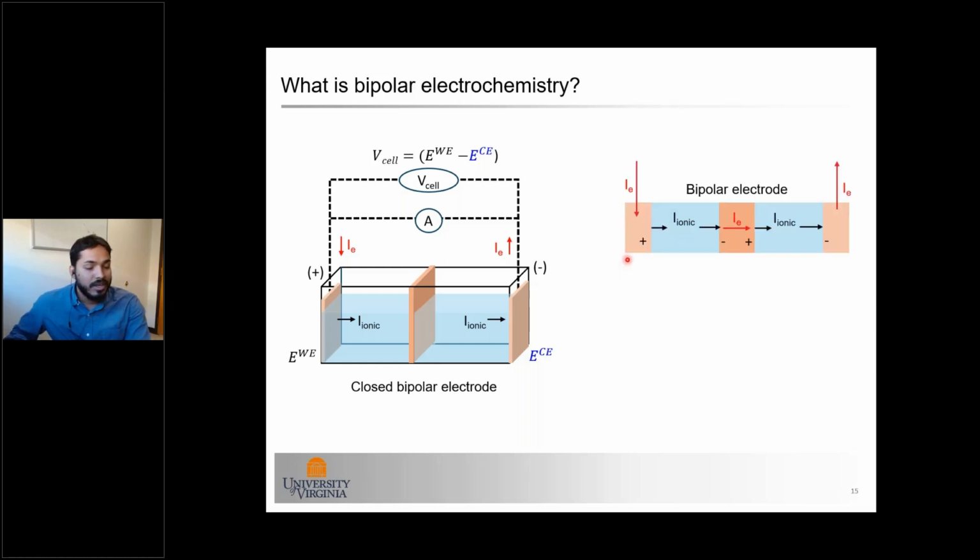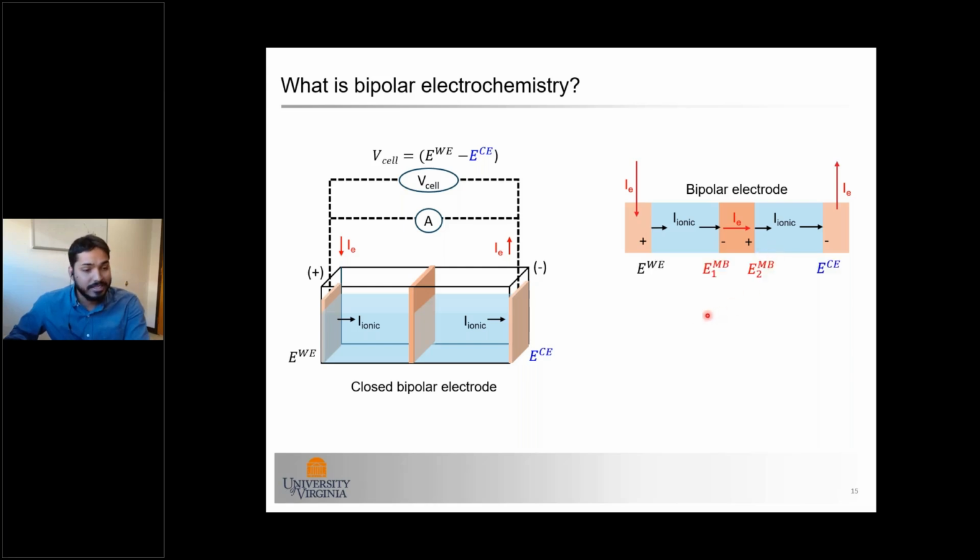It turns out that current still flows through the cell, and without being electrically connected, the metal plate in between gets polarized, and the surface facing anode becomes cathode, and the surface facing cathode becomes anode.